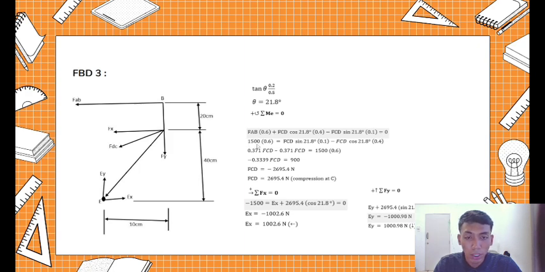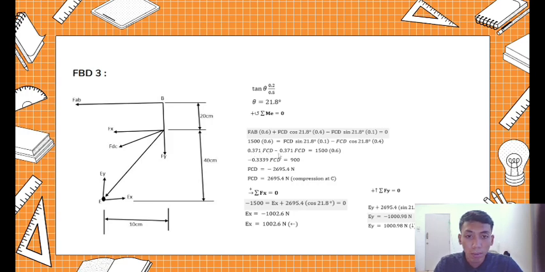The answer: FAB 1500 times 0.6 equal to FCD sin 21.8 degree times 0.1 minus FCD cos 21.8 degree times 0.4.